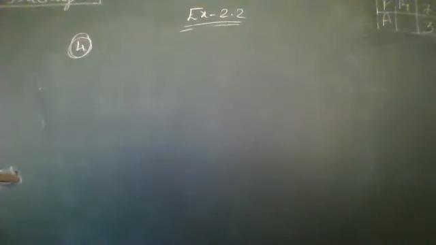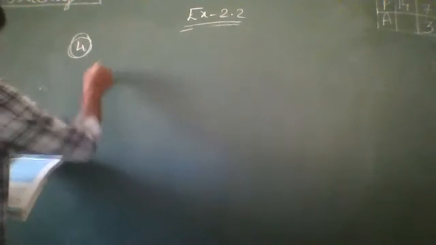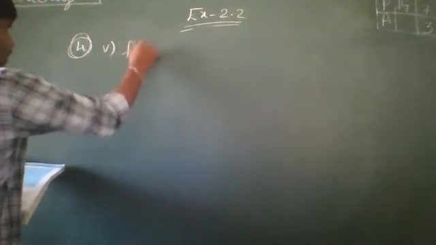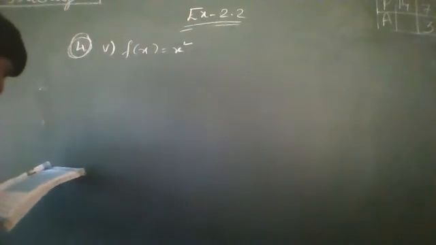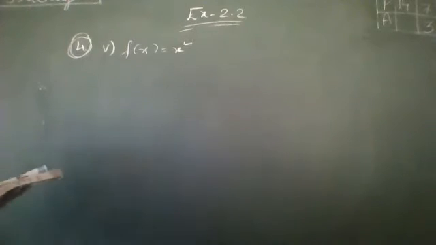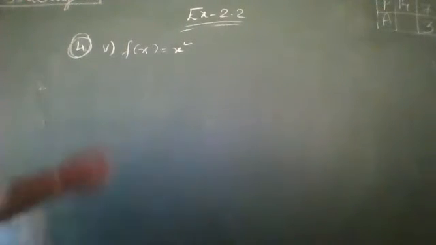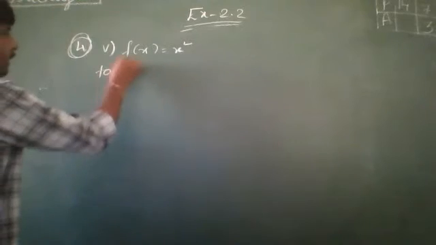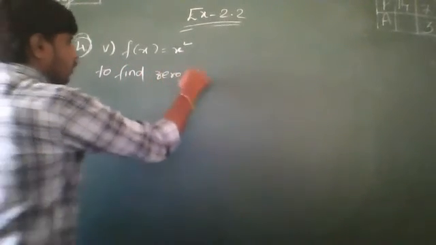In each of the following, give two solutions. Look at that fifth one. f of x is equal to x square. Find the zero of the polynomial.